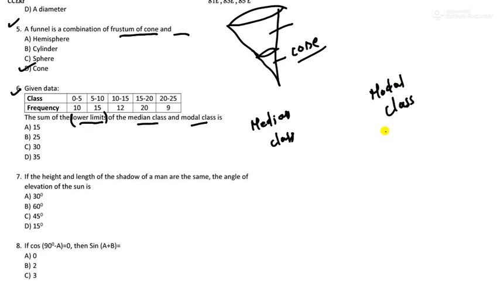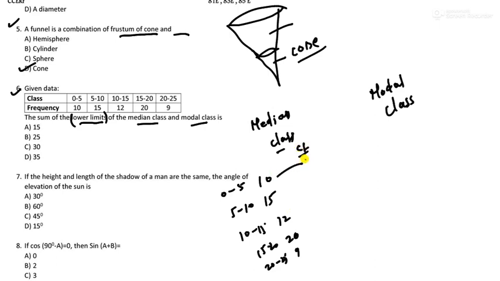So how do you find the median class? To find that, you need to find the cumulative frequency. Here the given numbers were 10, 15, 12, 20, 9. This is 0 to 5, this is 5 to 10, this is 10 to 15, 15 to 20, 20 to 25. In cumulative frequency, the first number remains the same. Now keep on adding with the next number.